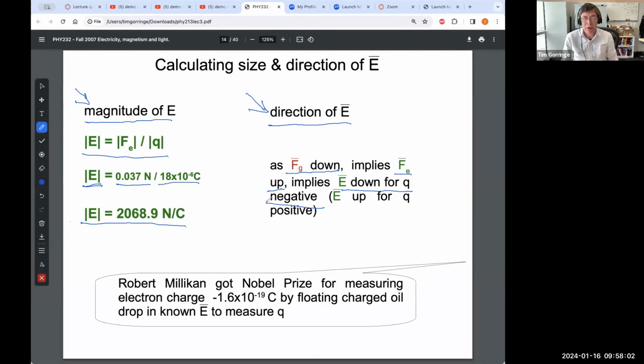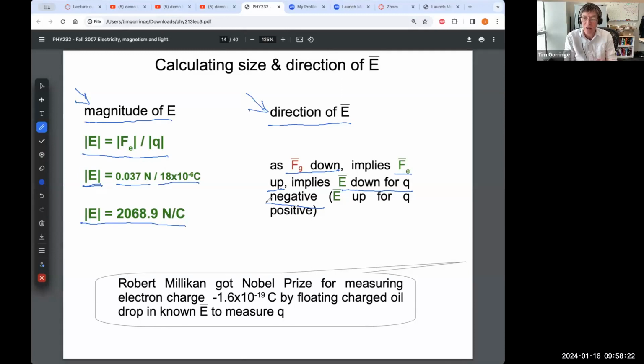I love giving little bits of history on these different topics or problems. This oil drop floating in free space under the balance of electric and gravitational forces is not just an interesting problem.